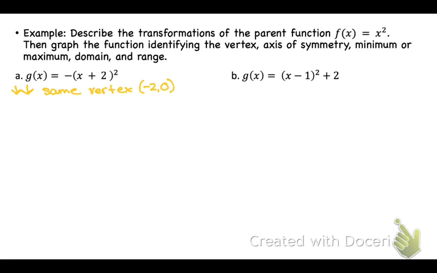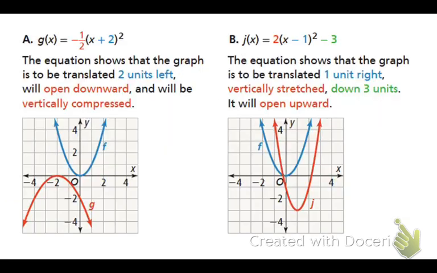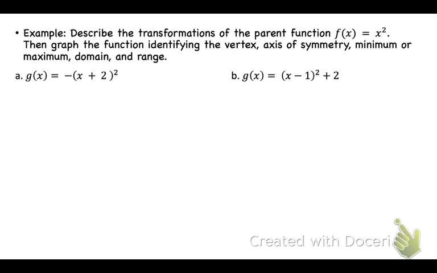Okay, what's the axis of symmetry? X equals... The h. It's negative 2. So x equals negative 2.